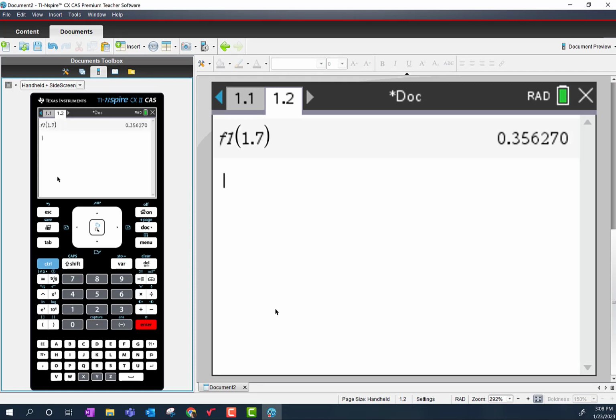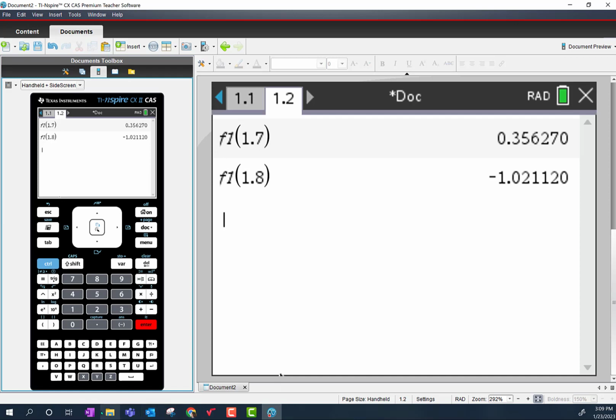There we go, that's f of 1.7. Then I'm going to do f of 1.8. So var, f of 1.8, enter. Are those the same y values? Nope. They sure aren't. So I'm going to go to my document and write those down.